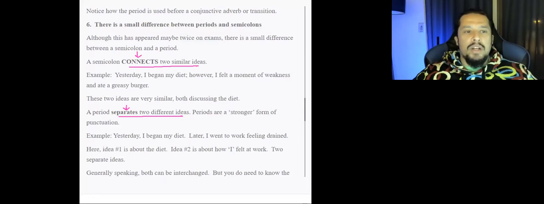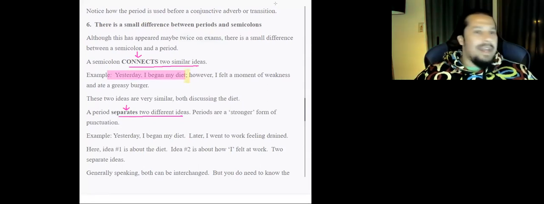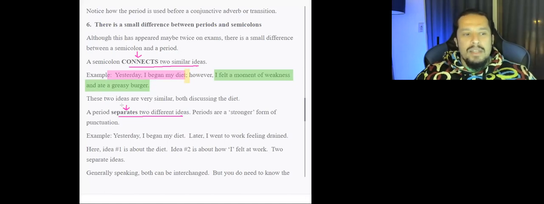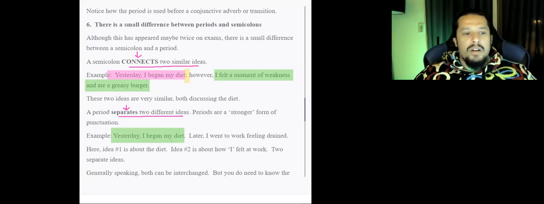So for example here: yesterday I began my diet, semicolon, as you can see, the beautiful semicolon. Right. However, comma, I felt a moment of weakness and ate a greasy burger. These are similar ideas. But with a period: yesterday I began my diet. Later, I went to work feeling drained.